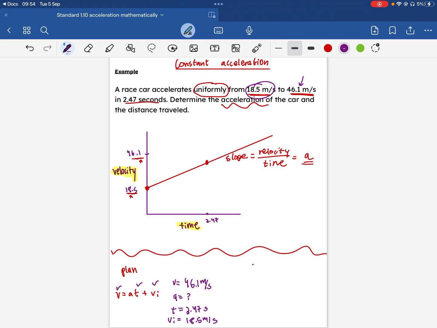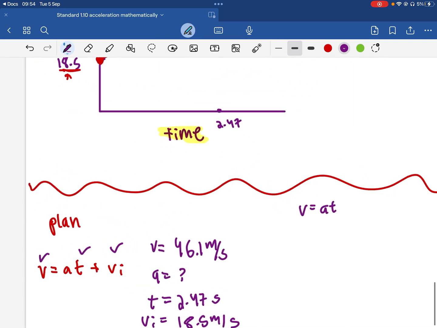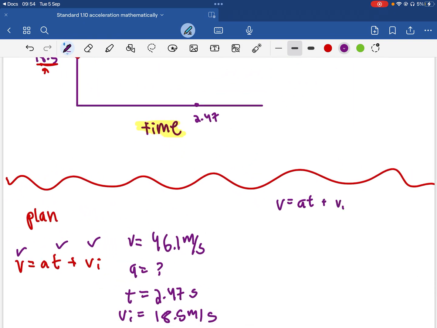So now I'm just going to do my algebra. I have my equation, V equals AT plus VI. My final velocity was 46.1 meters per second equals acceleration, which I don't know, times my time, 2.47 seconds, plus 18.5 meters per second.